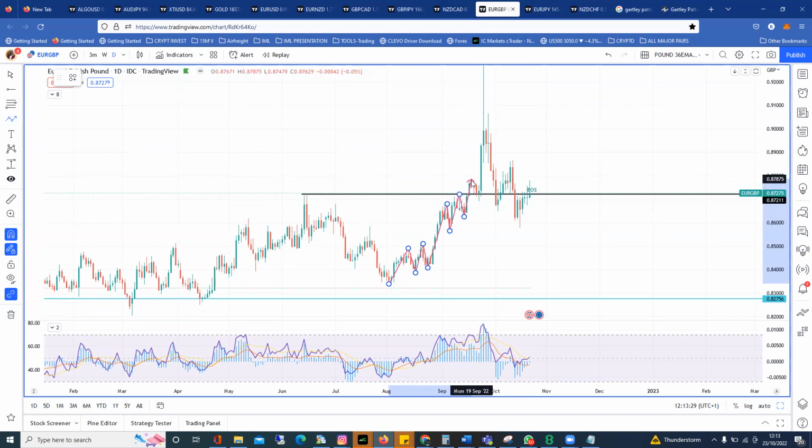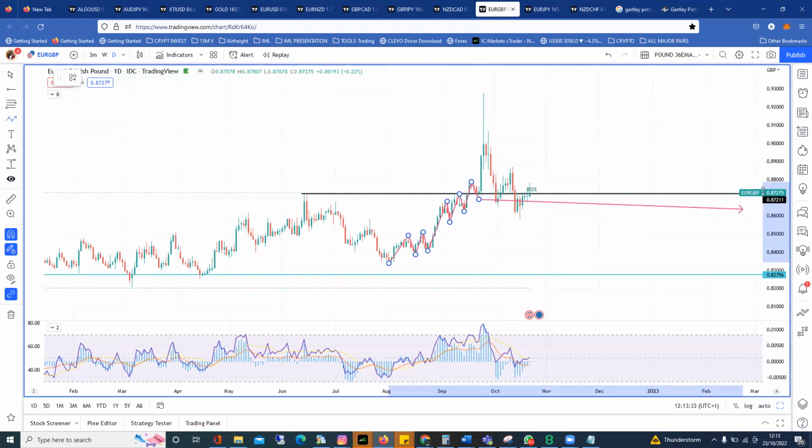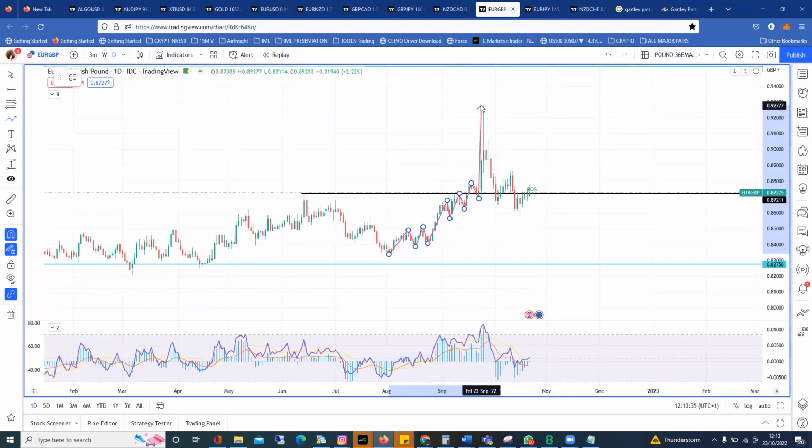So the trend still remains intact, and back to this low, and then we kind of make this high, okay? And now we traded back below and we break this low. That is us invalidating the trend. And then we make a lower high compared to that one. And then we make a new low.